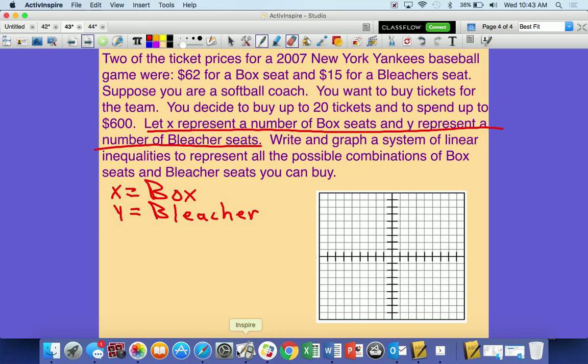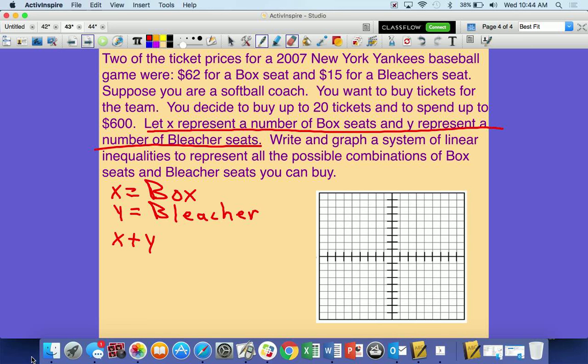Alright, so then we got to make some equations here. Well, one thing it does say is you decide to buy up to 20 tickets. You don't have to buy 20 tickets, but I would guess there are 20 girls on the team, and if everybody goes, well then we're going to need up to 20 tickets. So what that would mean is, for our equation, X plus Y up to 20.